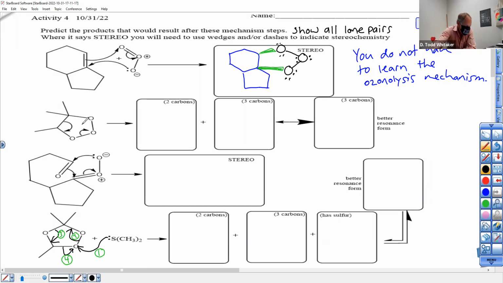So which of these pieces has 2 carbons, the bottom or the top? 1, 2, double bond to O, 2 carbons. Now that O, how many lone pairs? It's neutral. Started neutral, it's going to end neutral. 2. 3 carbons is the one on top.